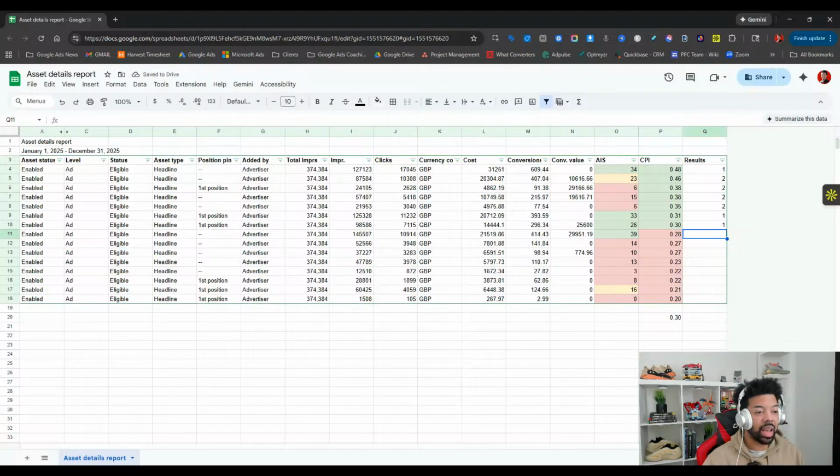All right, so if we have a high IS and a low conversion per impression, that means we're showing up a lot, but we're below average on how many conversions we get per impression, which is not good. So we're going to make that a silent killer there.